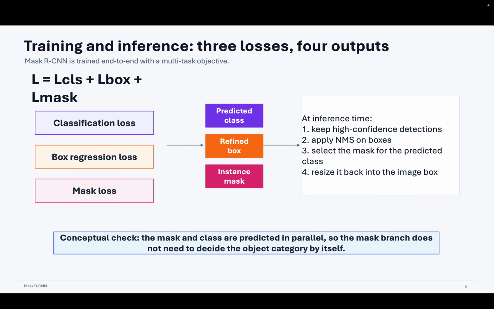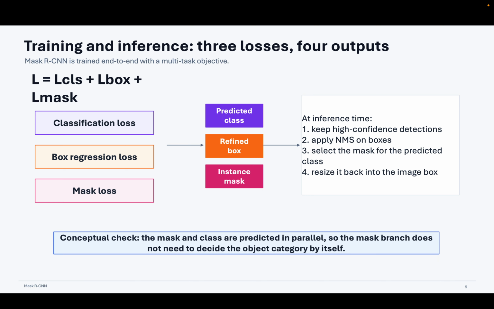Mask R-CNN uses multi-task loss. It keeps the classification loss and the bounding box regression loss from Faster R-CNN and adds a mask loss. The mask loss is usually binary cross-entropy on the mask target for the correct class. This lets the mask branch focus on foreground versus background pixels inside the region.